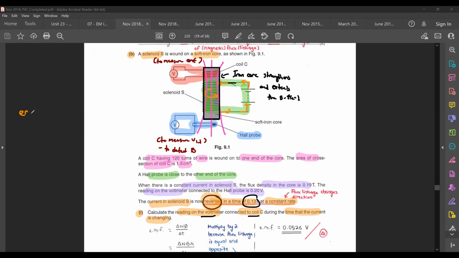So you refer back to the very first definition of your EMF induced, rate of change of flux linkage, change in NBA divided by delta T. You know that the number of coil turns and your area are constant. You're going to get something like this: N times A times change in B over delta T. So right now, this is how you will get your EMF out. Then how do you proceed from here?